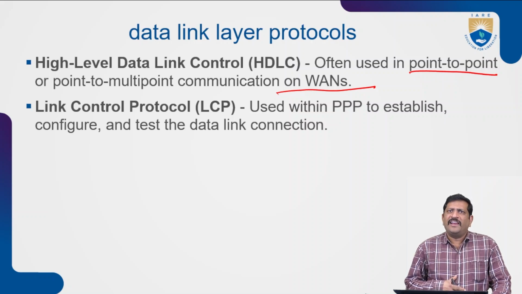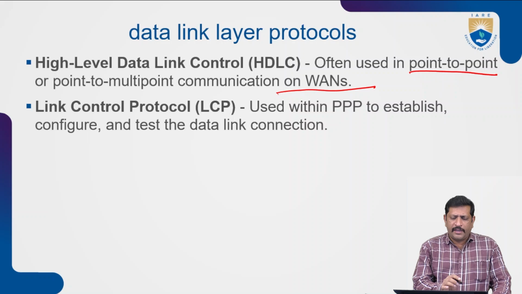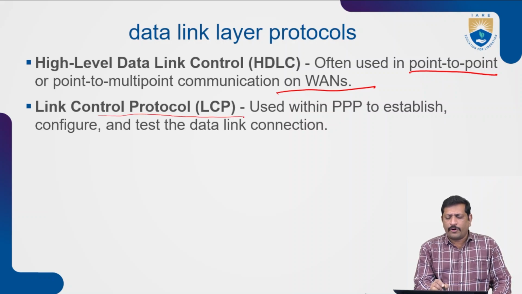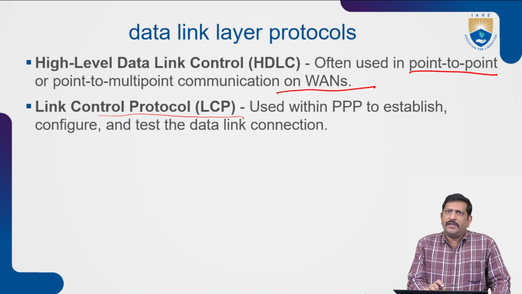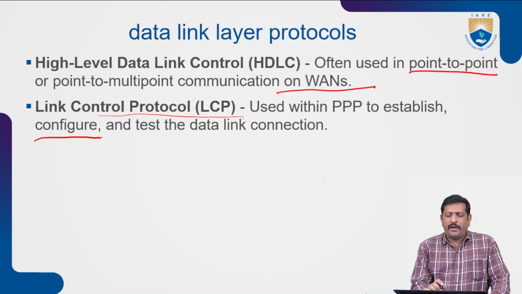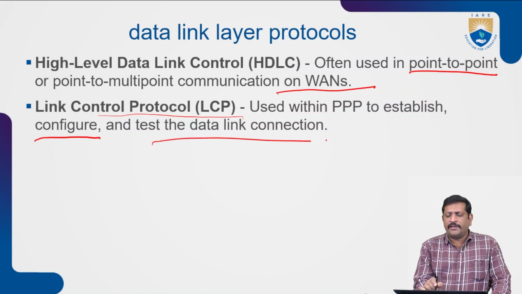Here is the link control protocol, that is the LCP protocol. Generally, this link control protocol is used within point to point to establish and configure the network and test the data link connections.